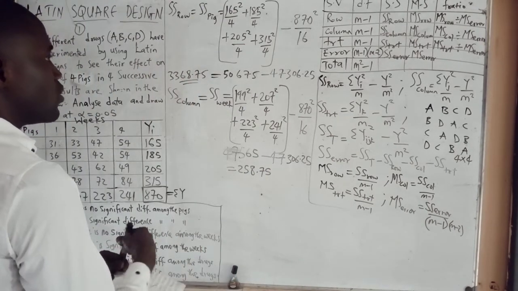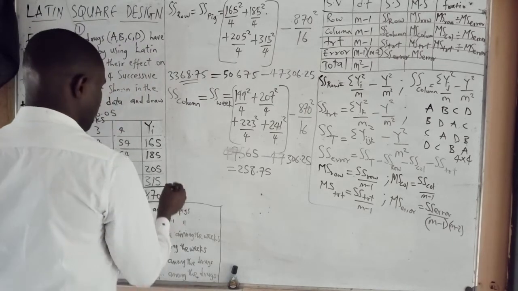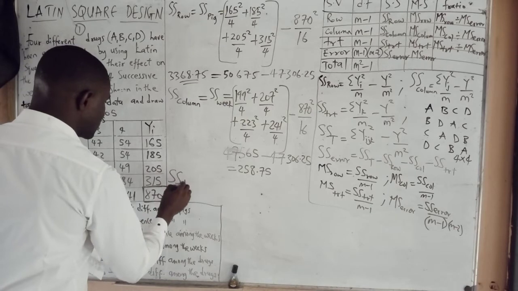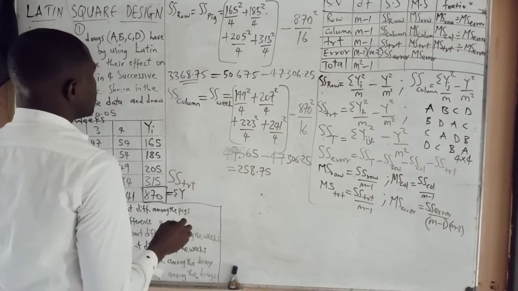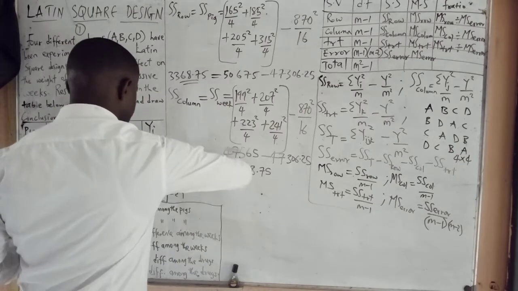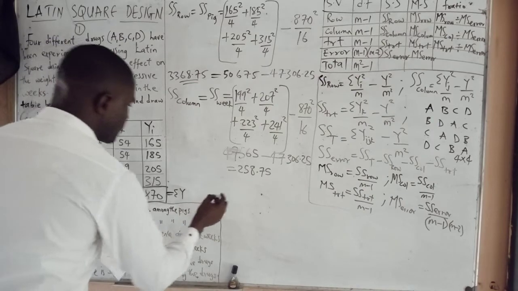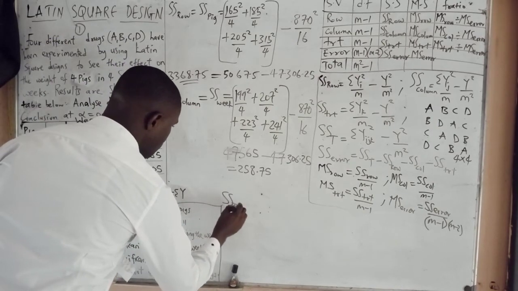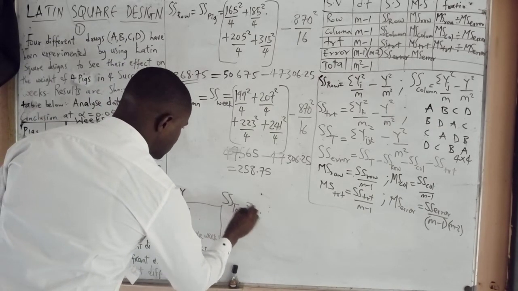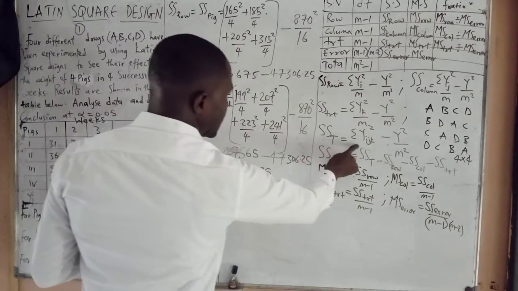Okay, we now go to our SS total, please. SS total says that the formula is this minus this.